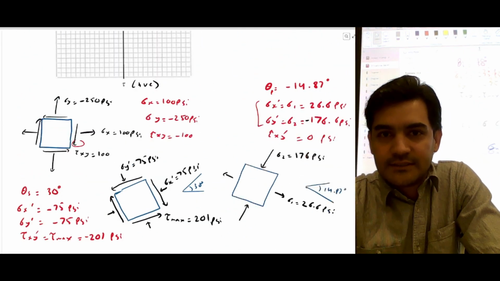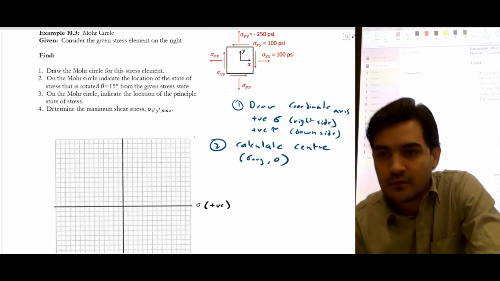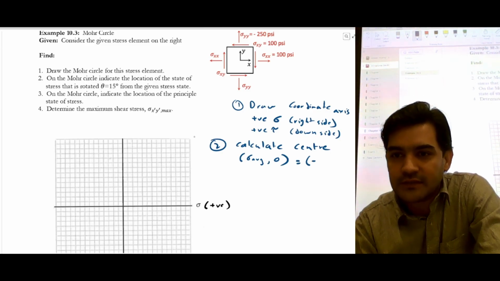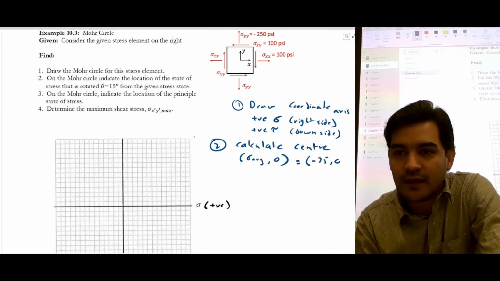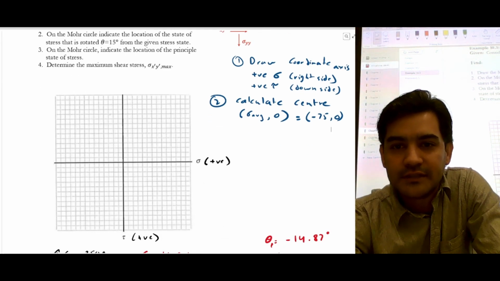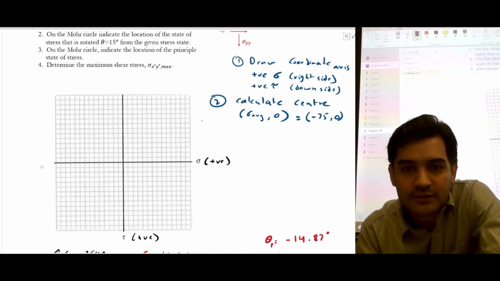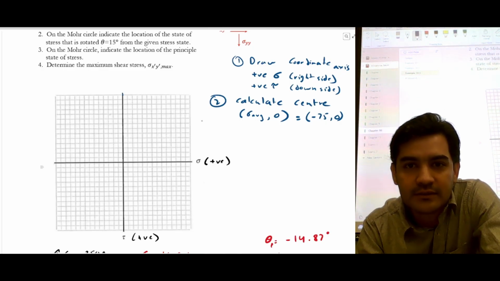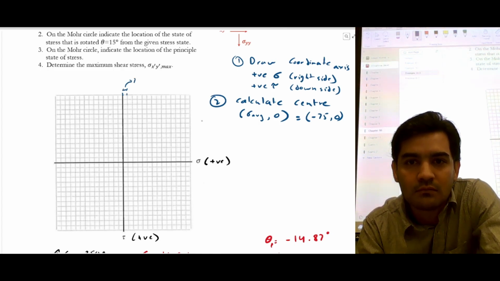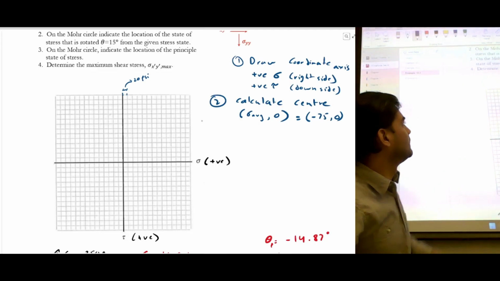So we have a center point which is negative 75 and 0. I'm going to plot this on the Mohr's circle coordinate axes. Let's just say each box is 20 psi, just for reference.